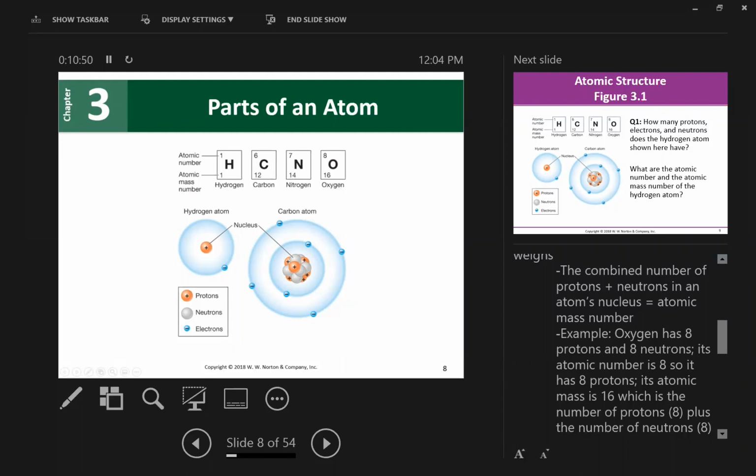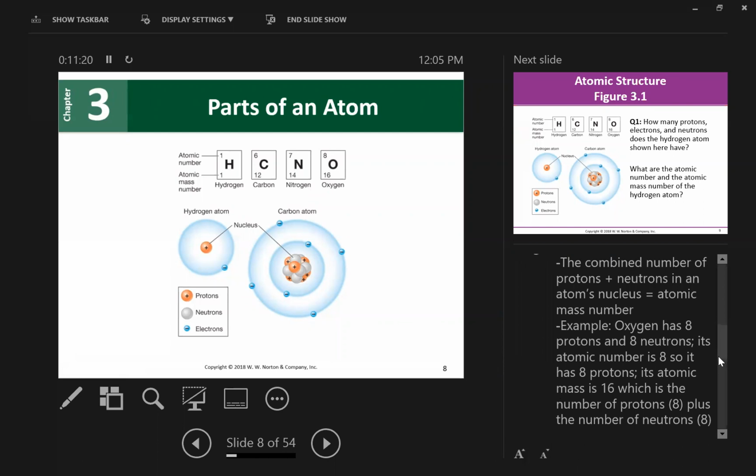So we're able to see that there are 6 neutrons because we can take 6 away from 12 and get the 6 neutrons. Again, in nitrogen, there are 14 total protons and neutrons. If we take that atomic number away, which is the same number as our protons, then we'll know that we have 7 neutrons.